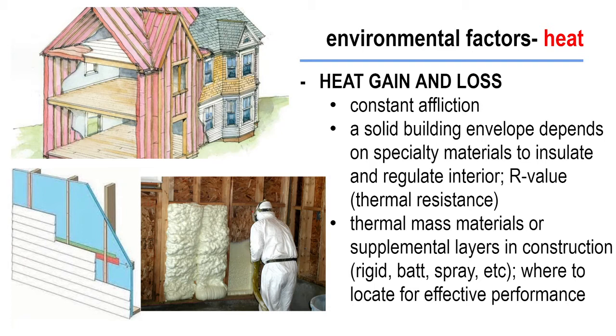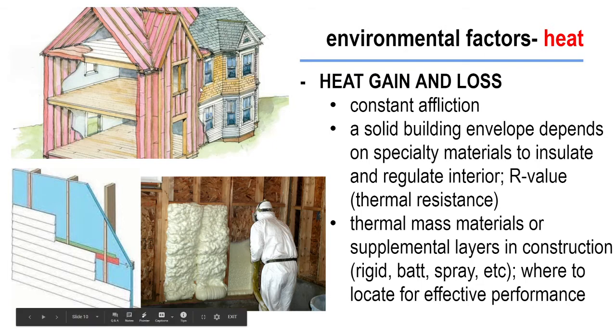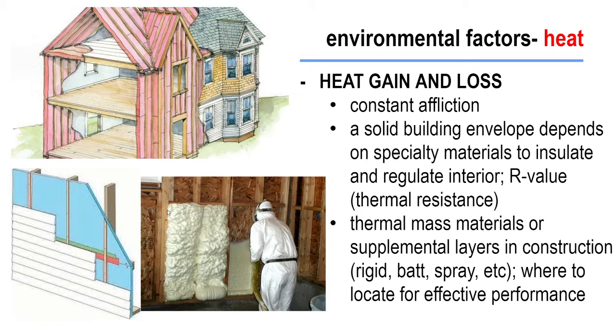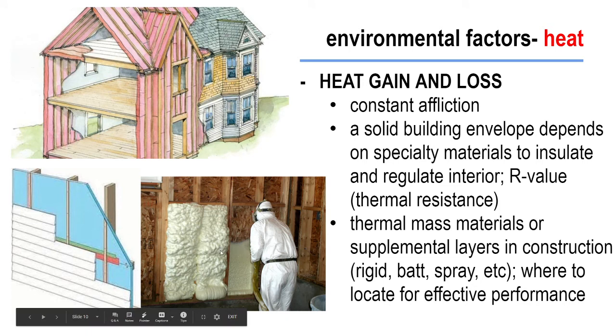There's also spray foam insulation, which would cost the most out of these three options. But it would have the overall highest R value, so it would be the most effective of all of them, because you're getting into every single little nook and cranny, and so it's harder for that air to seep in, versus with your batt insulation where you have lots of air pockets.